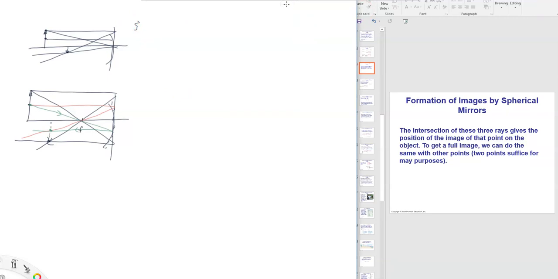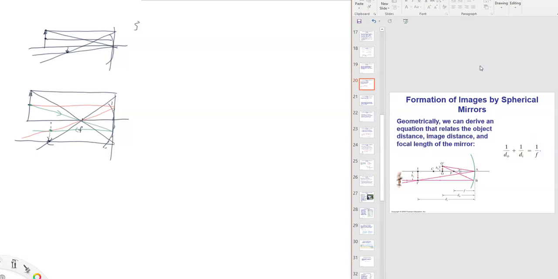Okay, so now you have an idea how to draw ray diagrams for concave and convex mirrors. What's next? I've been telling you about this equation, the spherical mirror equation.